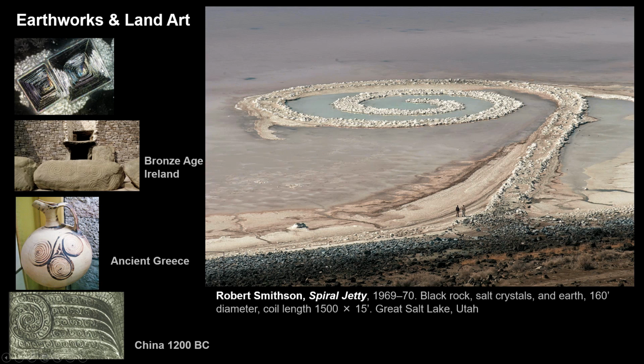And so Smithson is bringing together these spiritual ideas of water, of life, of the eternal birth and decay of nature, along with this scientific view of water, that it is literally a spiral that forms the salt that makes up the water of the Great Salt Lake. I think that's pretty cool.